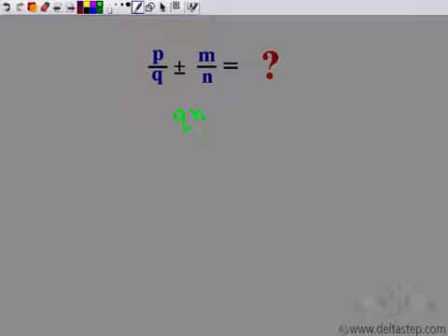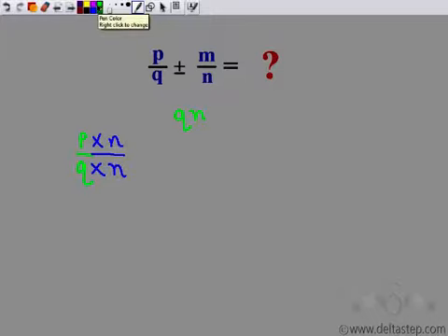To make the denominator qn, for p by q, I would multiply both the numerator and the denominator by n.